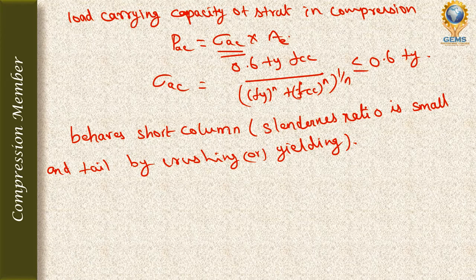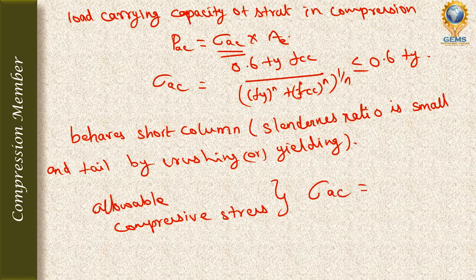So for the allowable compressive stress, sigma AC, we are neglecting this term and using the maximum value, that is 0.6 into Fy.